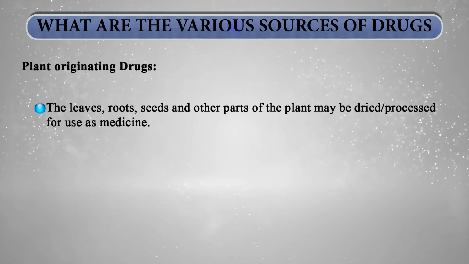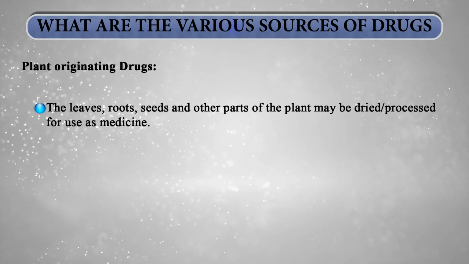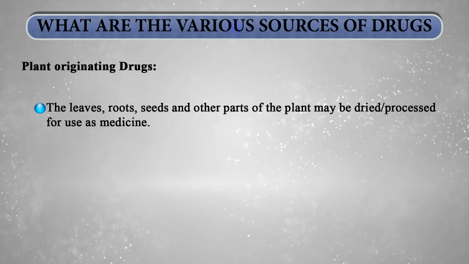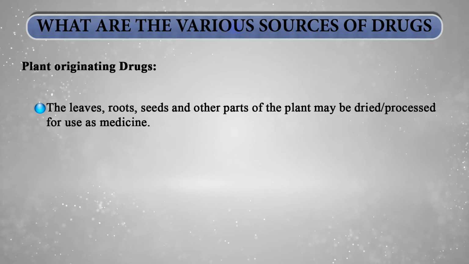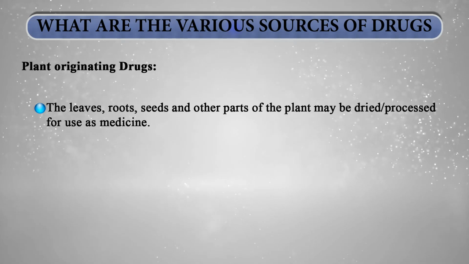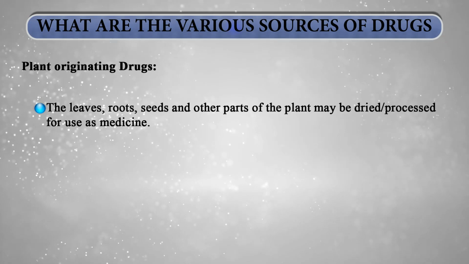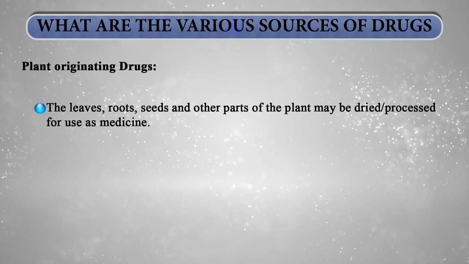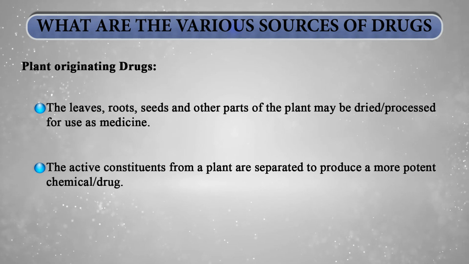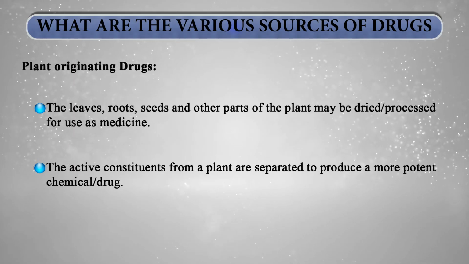These may be dried and processed, and chemical substances may be either extracted from these plant parts or they may be used directly as such by crushing them, making a pellet of them or boiling them. A lot of drugs can be obtained from these plant sources. The active constituents from a plant are separated and sometimes concentrated to produce a more potent chemical or drug.